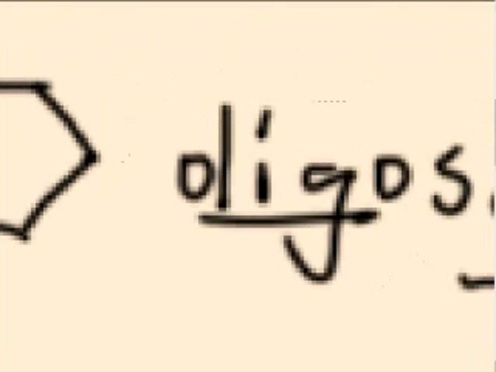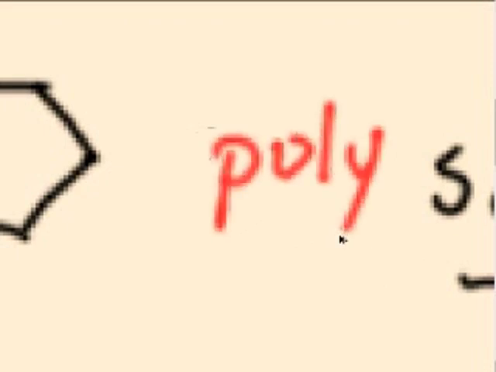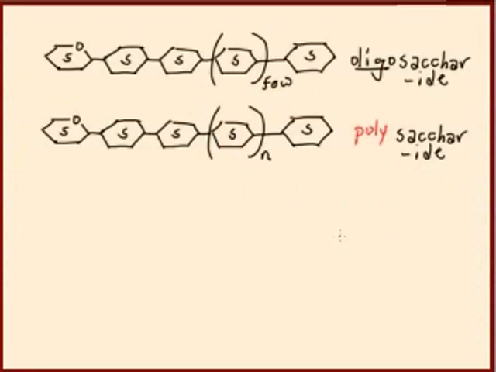In this case, if we have many, this is now a polysaccharide. So this is a polymer of simple sugars, and the monomers, of course, would be sugars. The bond that holds sugars together, you don't need to know that right now. Later on we'll learn what that bond is called.